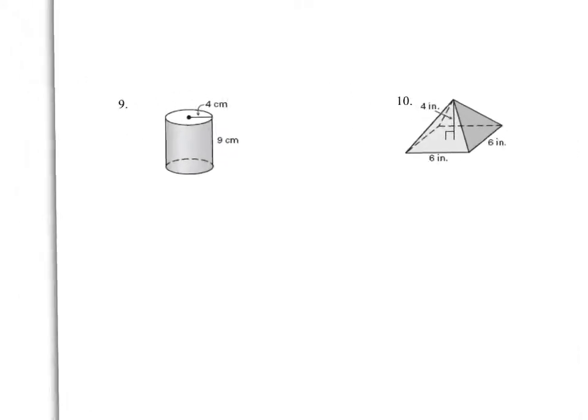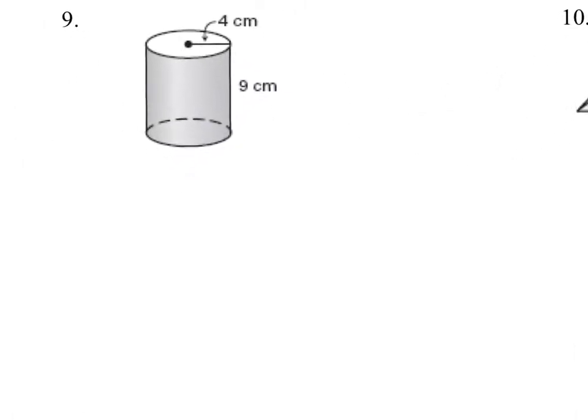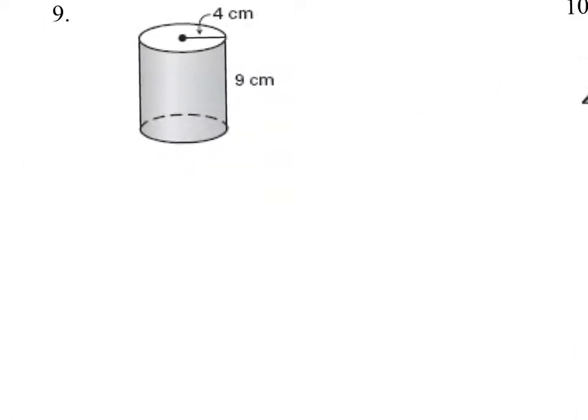All right. Number 9, we have a cylinder. We've actually already done a cylinder before on this review. The surface area of a cylinder is 2 pi r squared plus 2 pi r h. In this case, we know the 4 is the radius and the 9 is the height.